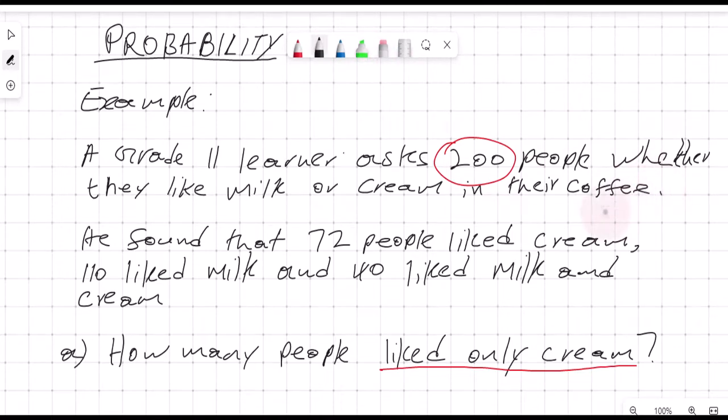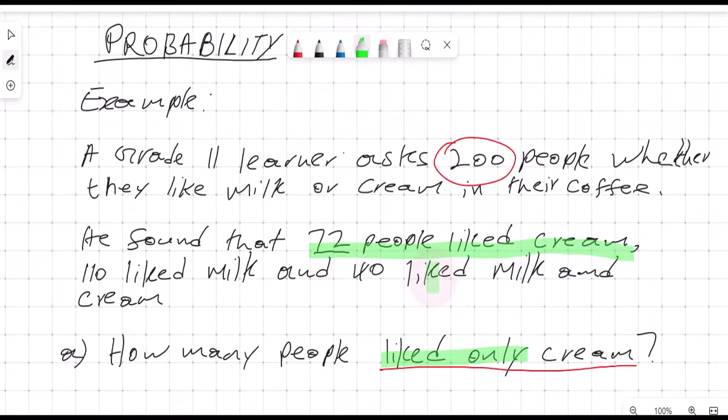Let's not make assumptions or predictions. He found that 72 people liked cream. But the question is asking about those who liked only cream. They didn't say these 72 people liked only cream. So we need to know how many liked only cream.